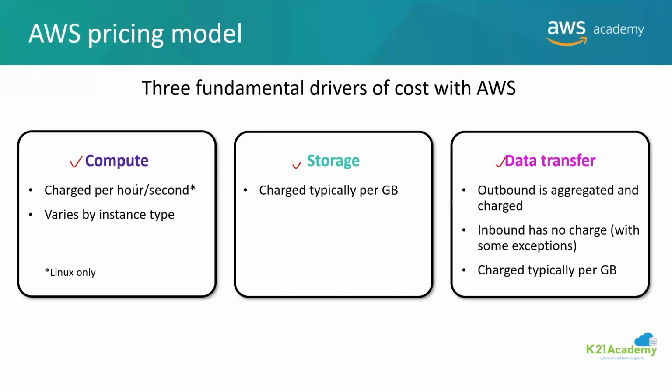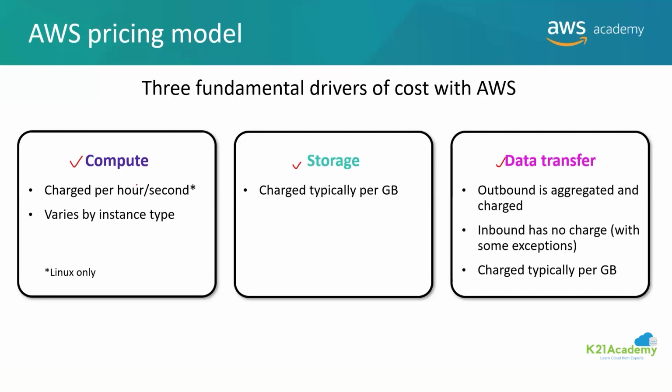Let's talk about compute. Although it mentions pay as you go, you can also reserve the capacity of the instances. So it is completely dependent on the AWS product and the pricing model that you choose.